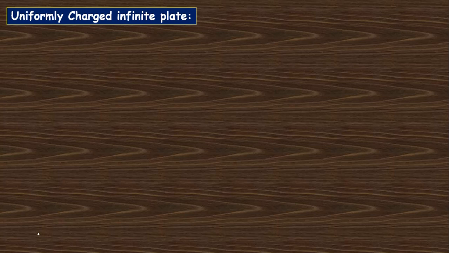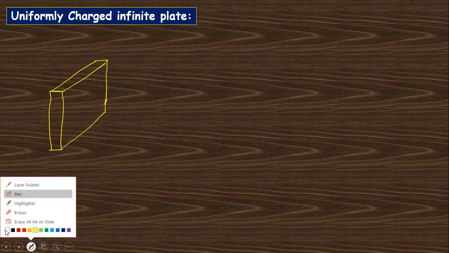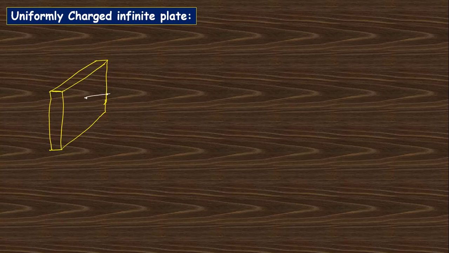Now comes the uniformly charged infinite plate. For a plate, which means there is a thickness, this is nothing but a thick sheet. For a thick sheet, in a similar fashion, we want to find the electric field at distance r.